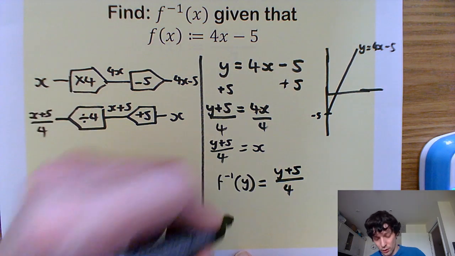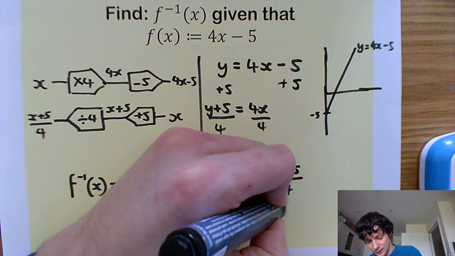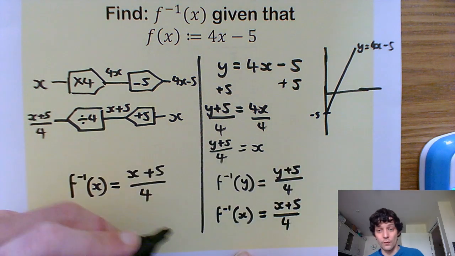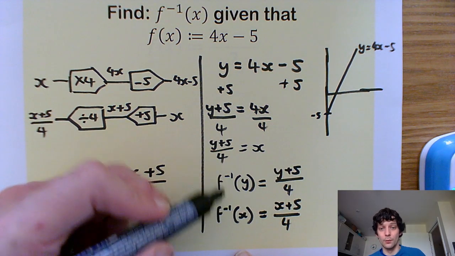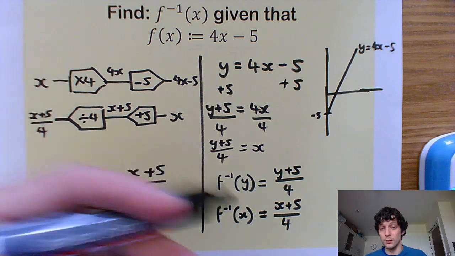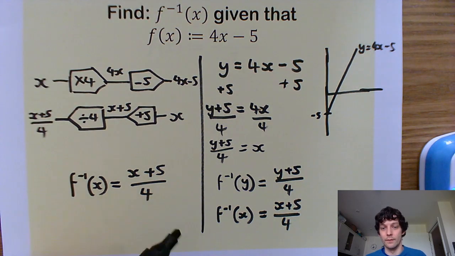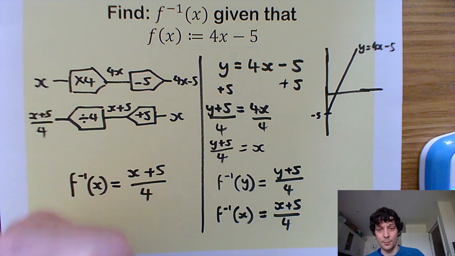Because that's a dummy variable, I can just write it with x instead. So f inverse of x is x plus 5 over 4. There's not a difference between what I've written down there. We can really use any letter we want. Usually we would use x, and we use the same dummy variable that we've been given in the question. So that's why I've replaced that there.